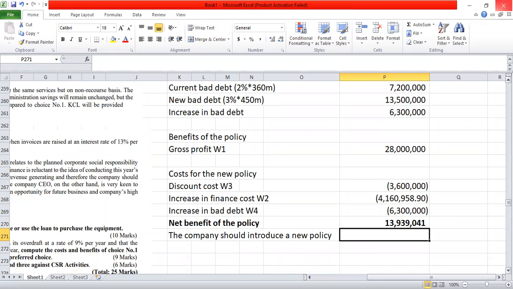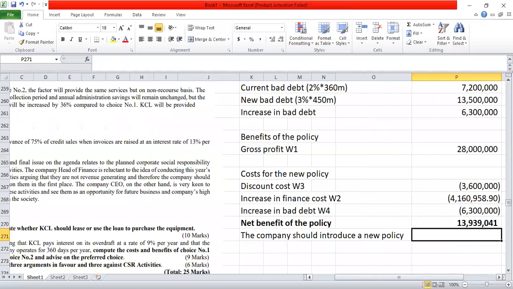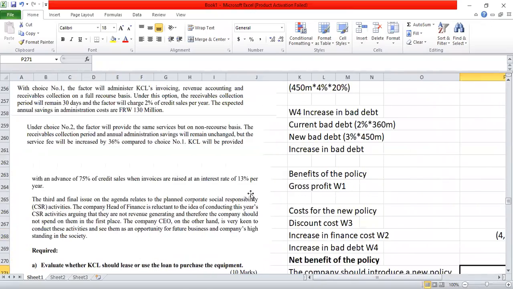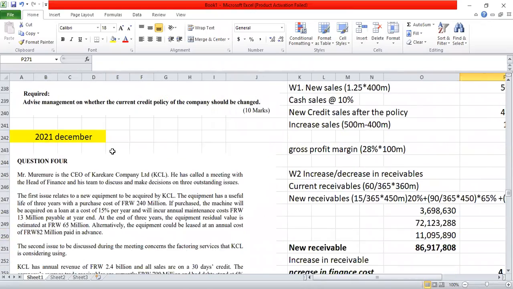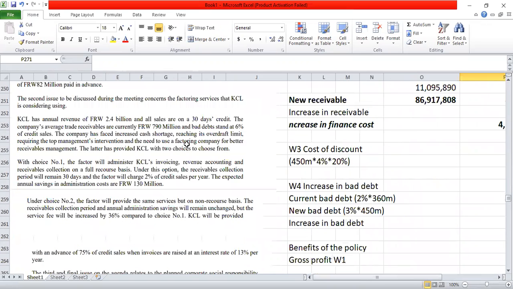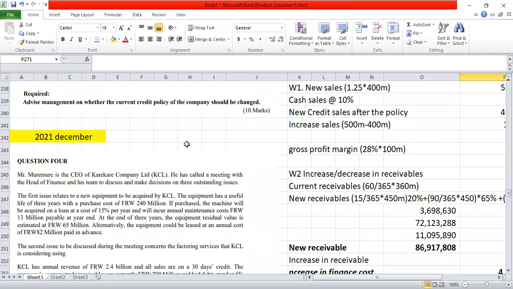Questions will come in tomorrow's session. So I think you can do this remaining part. You can do it. This is in December 2021, which was about factoring. You can do that one.